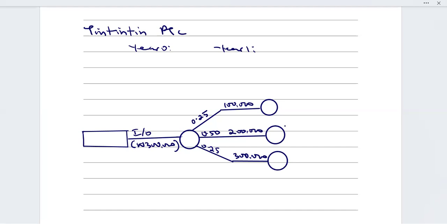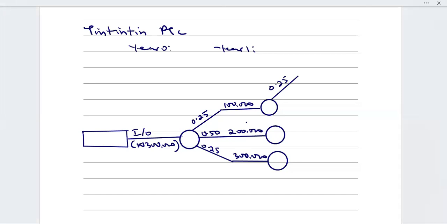All right then. So I've closed year 1. I'll move to year 2. In year 2, we are told that if cash flow in year 1 is 100,000, there is a probability of 0.25 that cash flow in year 2 will be nil.